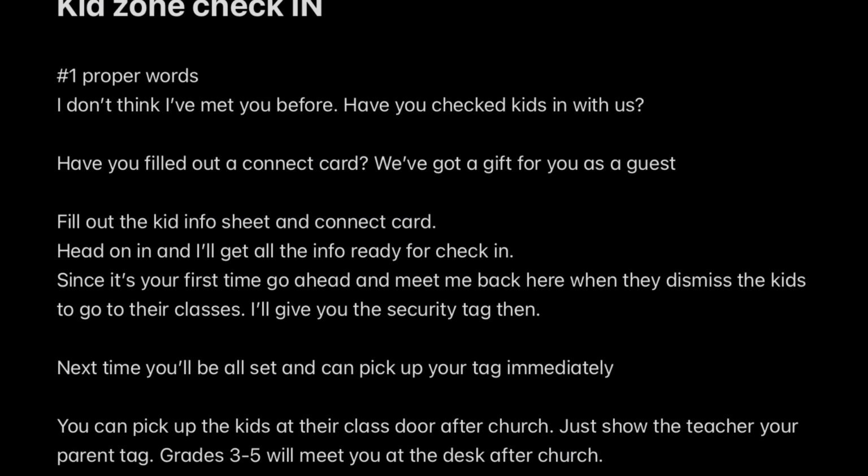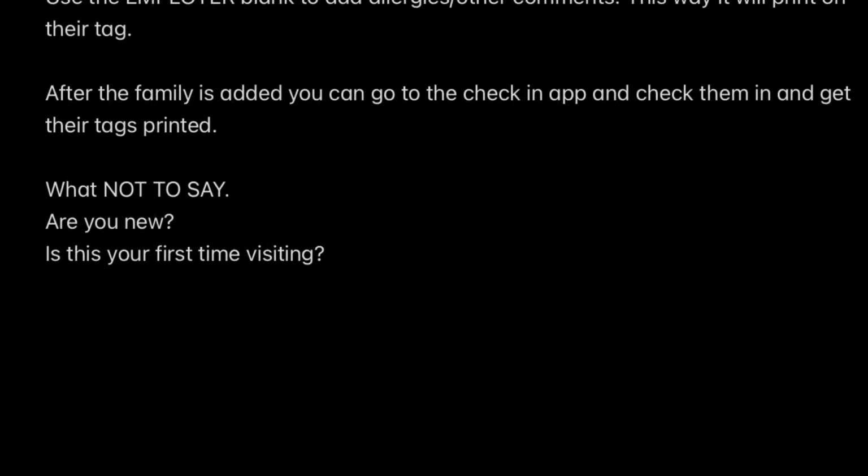I'll have your tag so that you can pick them up. Then when they come back out, you're going to tell them, okay, here's their tag, put it on. Here's your tag, bring it out. Here's their room, here's their room, here's their room. You can show them the rooms. So then they know exactly, reiterate it again, how to use their tag to pick up, where the rooms are located and all that.